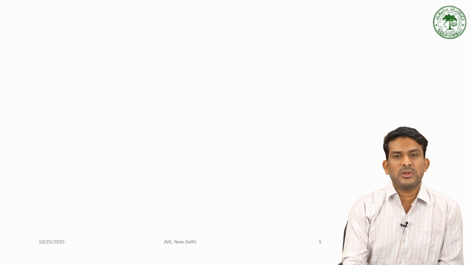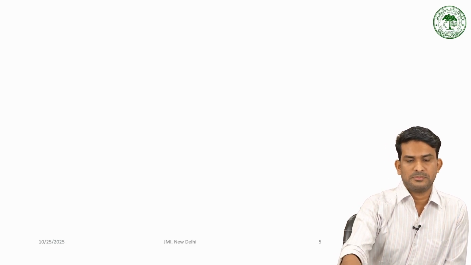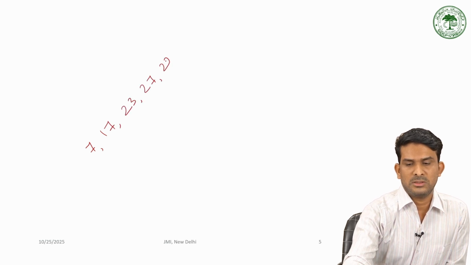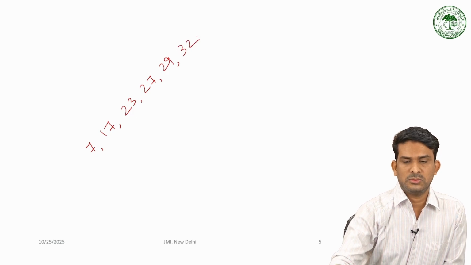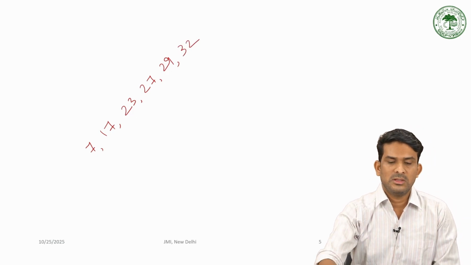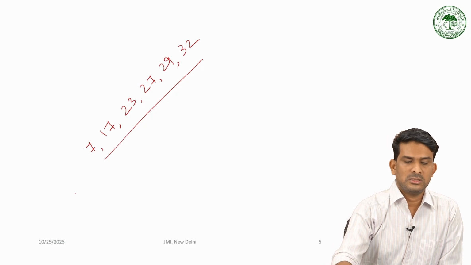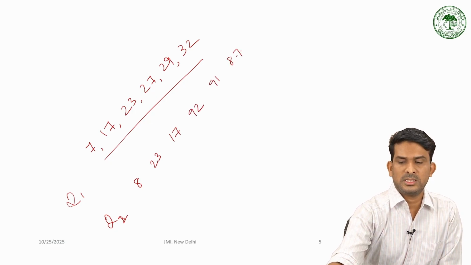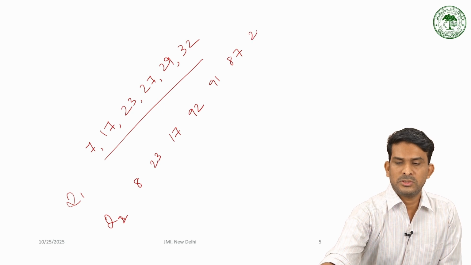I'm giving you an example now. Just work it out in your copy. Question number 1: 7, 17, 23, 27, 29, 32. Calculate the median for this. Now question number 2 for you: 8, 23, 17, 92, 91, 87 and 26.